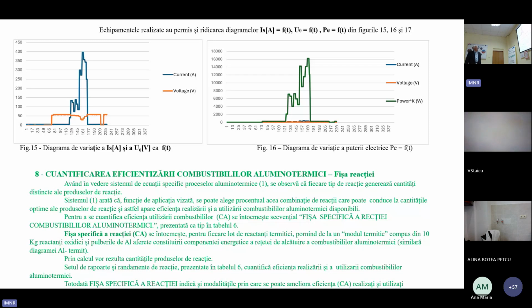Variația lor arată momentul în care începe reacția să se dezvolte și când se termină. Toate sunt în funcție de timp. Am mai prezentat diagrama de variație a puterii electrice, pe care o vedeți în dreapta și care pornește de la definiția puterii electrice.